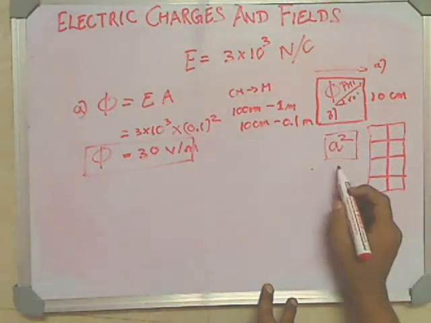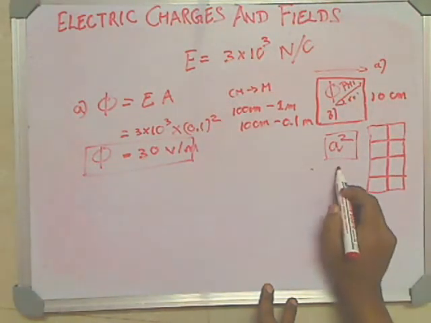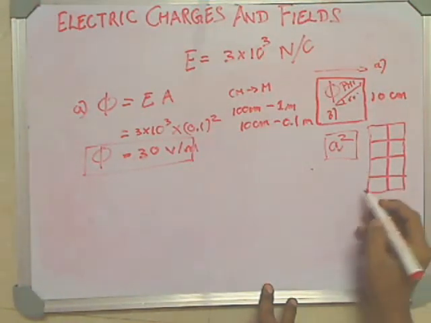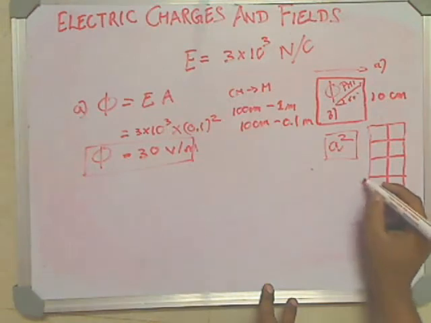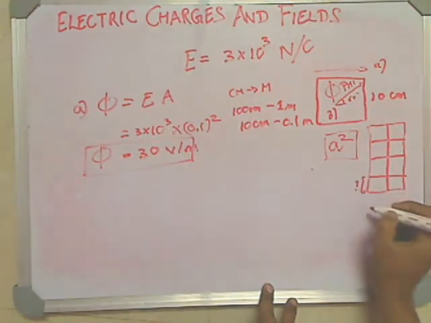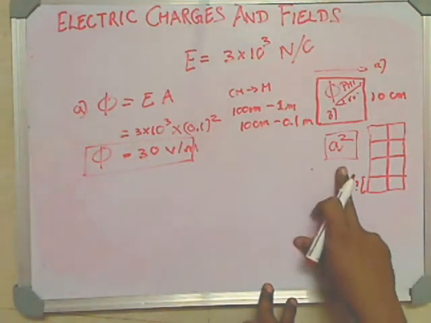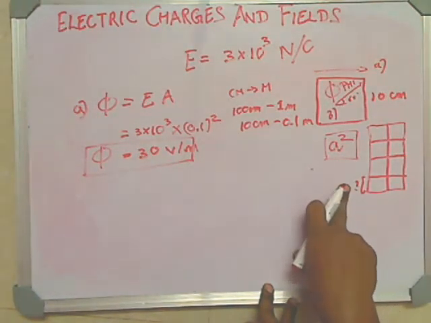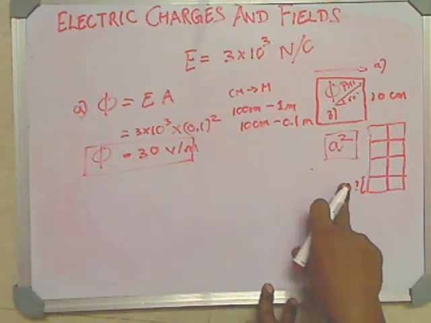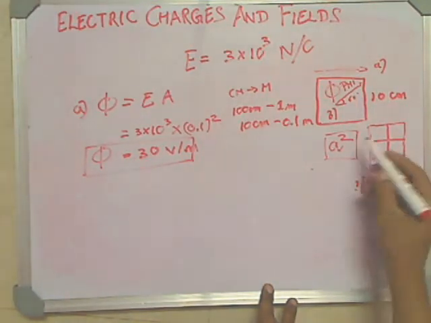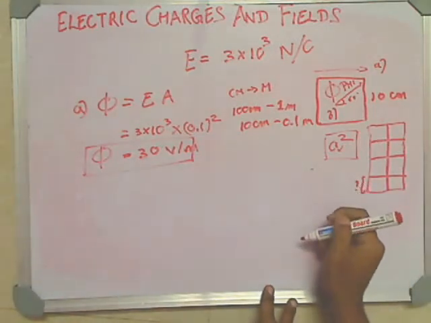In fact, a square is one of the easiest shapes in geometry which you can measure without any difficulty at all. All you need to do is measure just one side and everything else can be calculated afterwards. That's when they brought in the concept of a square. In order to find the area, all you needed to do was find the length of one side and you can calculate everything else afterwards.